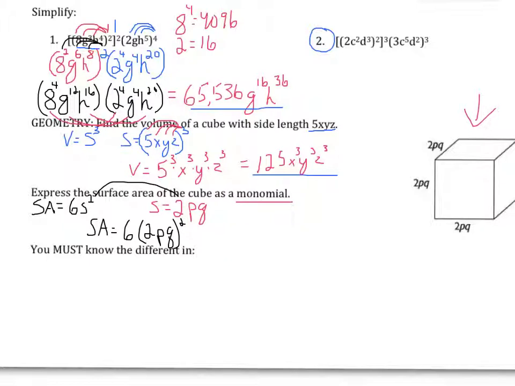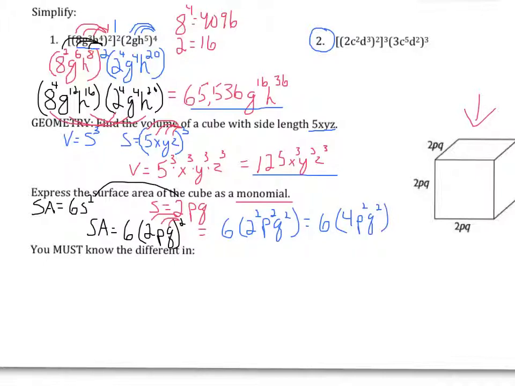squared. Okay, so we're going to use the power of a product rule and put our 2 on each of those. And we will get 6 times 2 squared times p squared times q squared, which will give us 6 times, now what is 2 squared? 4p squared q squared.